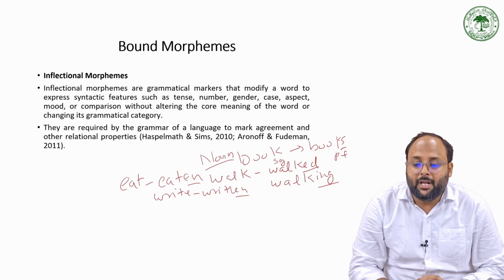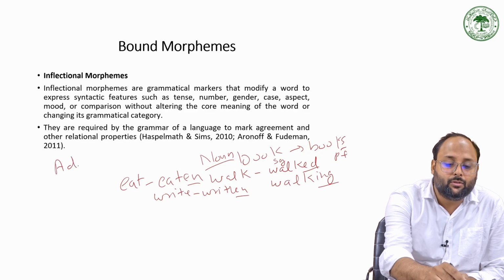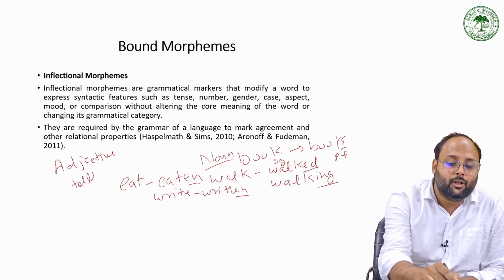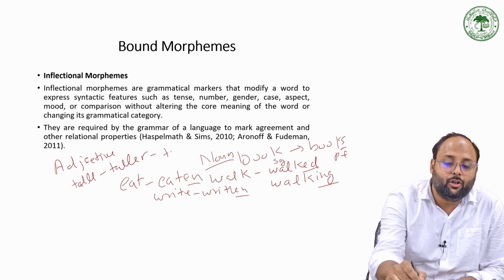So we have some other types of inflectional markers in languages in terms of adjectives also. So in adjectives, we have the change like tall becomes taller and tallest.